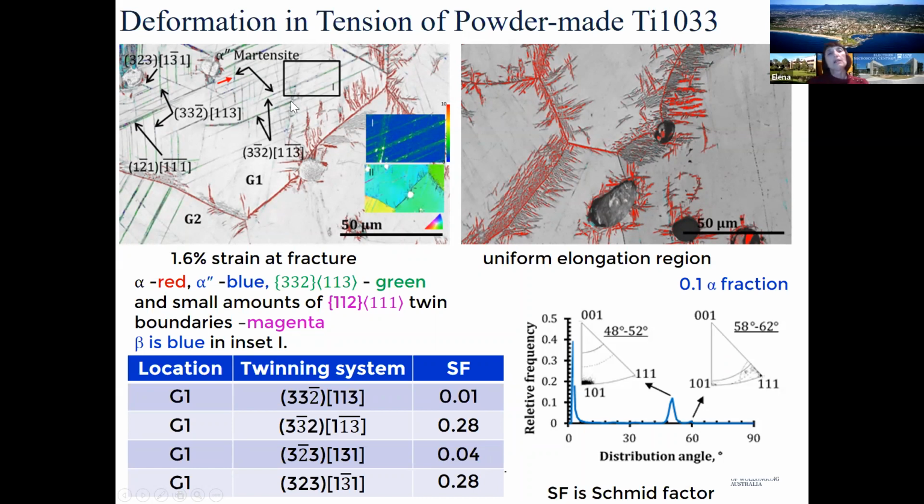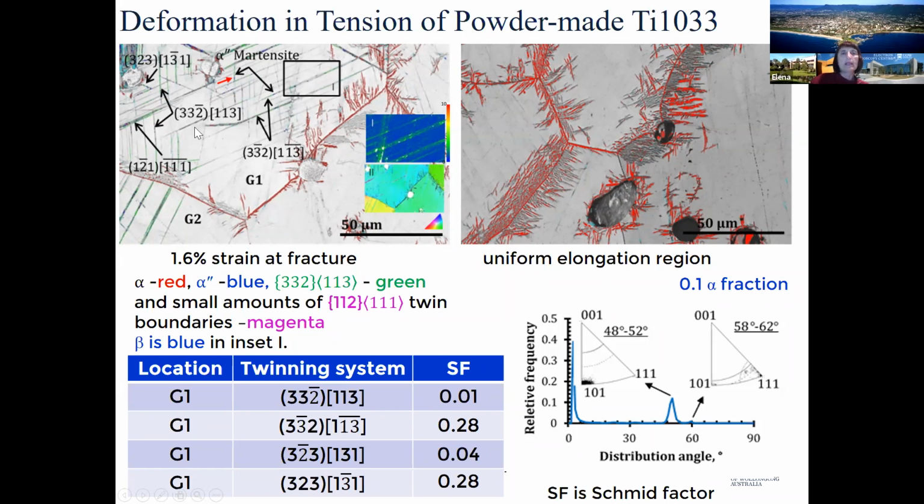So I think we would like to suggest the same explanation as for the predictions of martensite variant selection. The same is for prediction of the twinning systems operation: the twins forming first would follow the Schmid factor, and the twin systems with the higher Schmid factor will be operational.